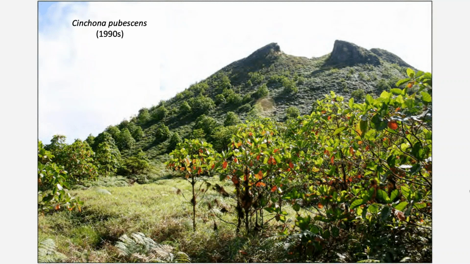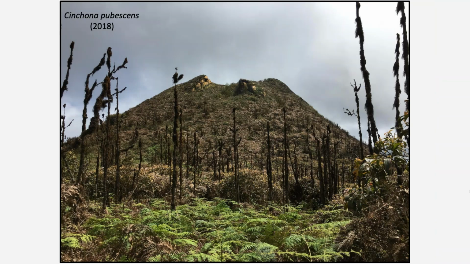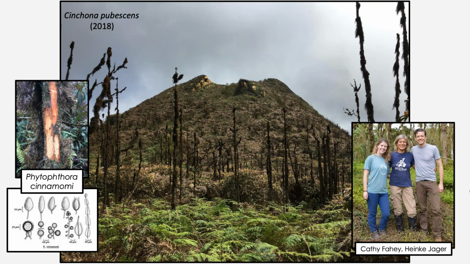You see a photo here from the 1990s where it has spread around this Los Picachos volcano. Well, when I visited the Galapagos last year, it looked like this. And so what you see here are skeletons of these adult Cinchona trees, and these trees have not been managed in any way. They've actually succumbed naturally to what we now believe is the pathogen Phytophthora cinnamomi, which is in itself one of the most invasive pathogens worldwide.